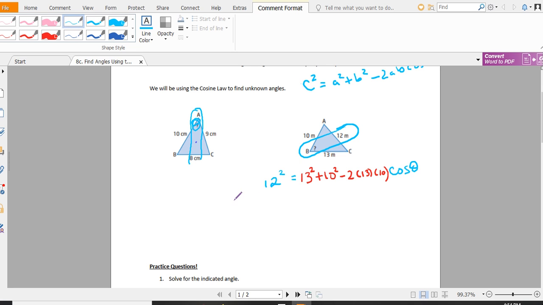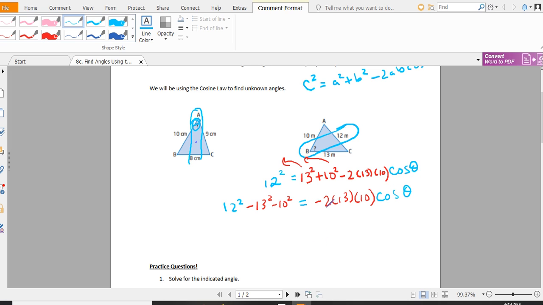So by doing so, I'm going to have 12 squared, and then I need to move this to the other side, move this to the other side to get negative 13 squared minus 10 squared. That will equal negative 2 times 13 times 10 times cos of theta.